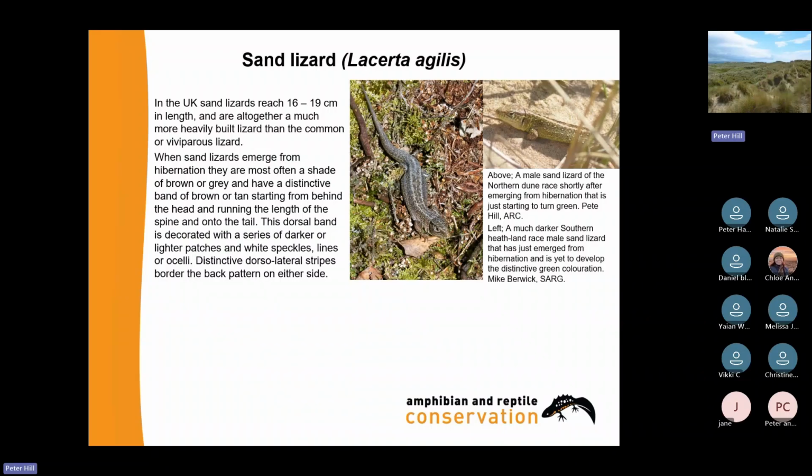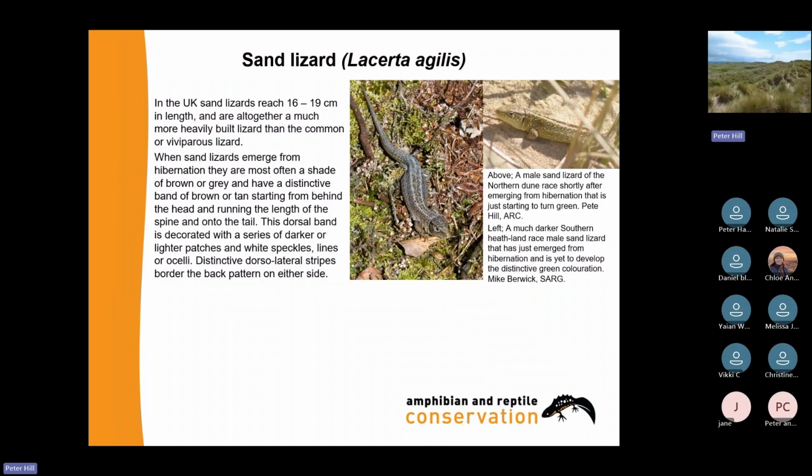There's also been some guerrilla rewilding, and there are some populations on the Isle of Anglesey and on the Gower as well, which we are uncertain how they got there, but they've had DNA testing, and we know that they're UK animals at least.